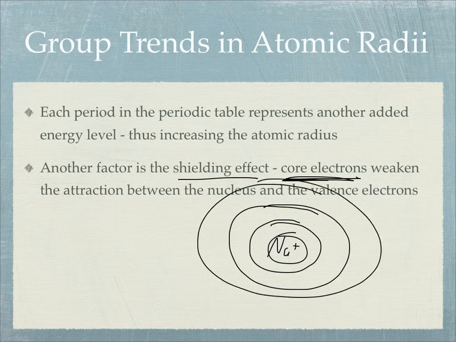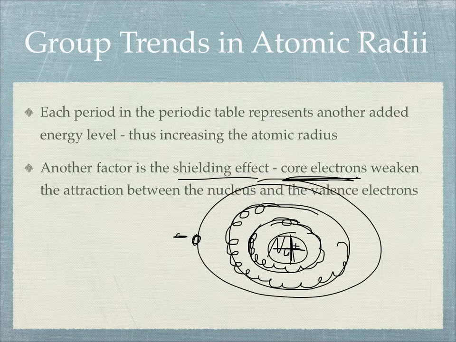And so this third level, these guys can get away a little bit farther because there's some shielding between the positive nucleus here and this negative electron. The more levels you have, the more electrons you have in there, the more shielding you have. The more shielding, the farther this one can sneak away. These protons just can't pull it in quite as much.